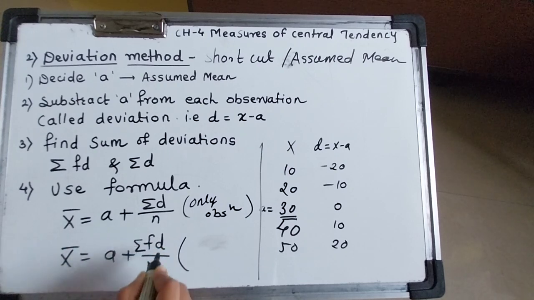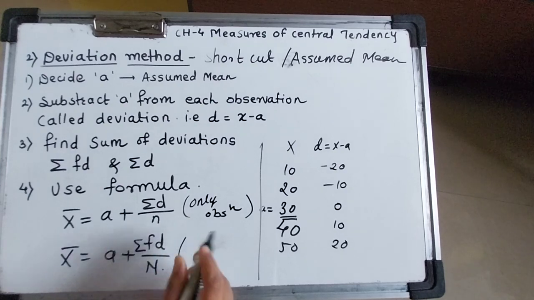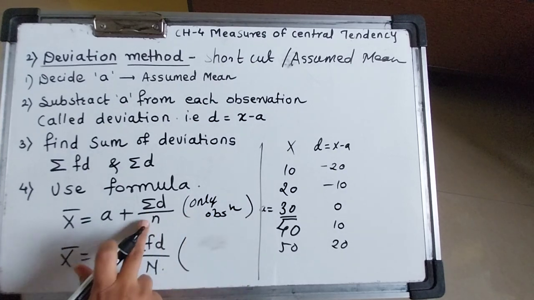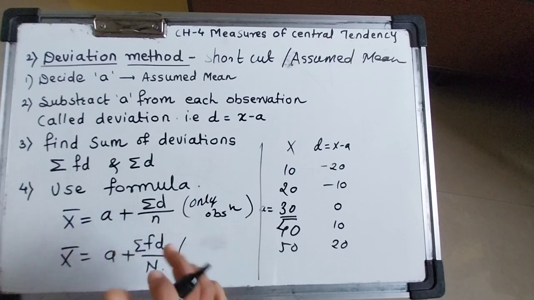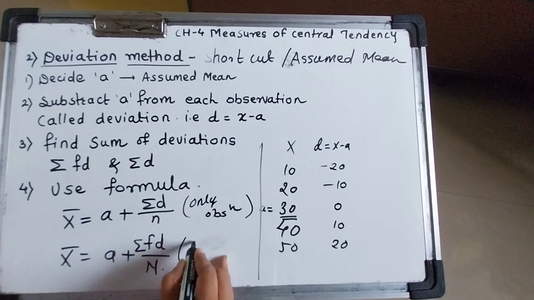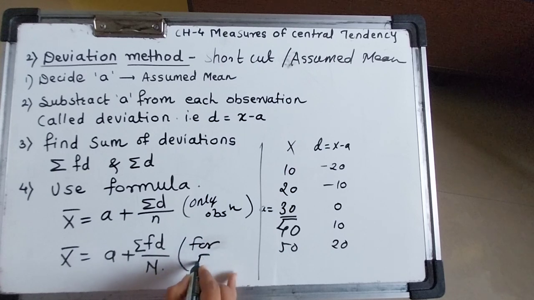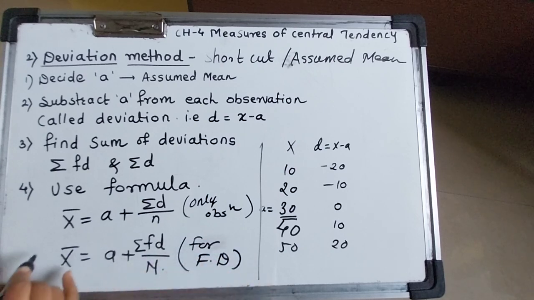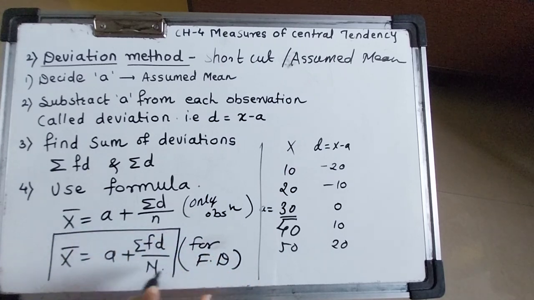Capital N means the summation of F, the total of frequency, and small n is the number of observations in the data. So this formula is used for frequency distribution. Very important formula.